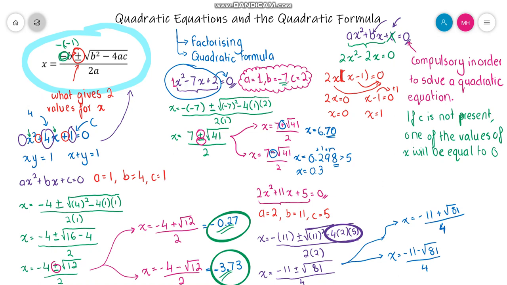Now in the first case, where we have a positive sign, that would be negative 11 plus the square root of 81, and the reason we're doing this is to get a more accurate answer. When you round in this case, there's a lot of difference between the real answer and this answer.